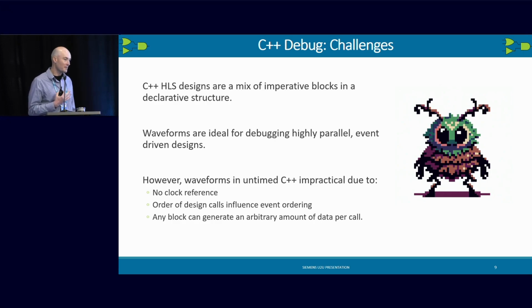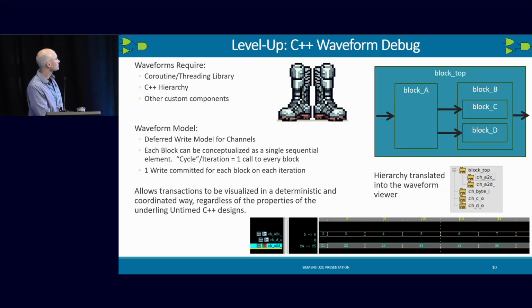That makes it fairly hard to reason about what has happened in time, because all these factors can blur what's actually happening. And you can change these factors as you update the design. So how do we address this?